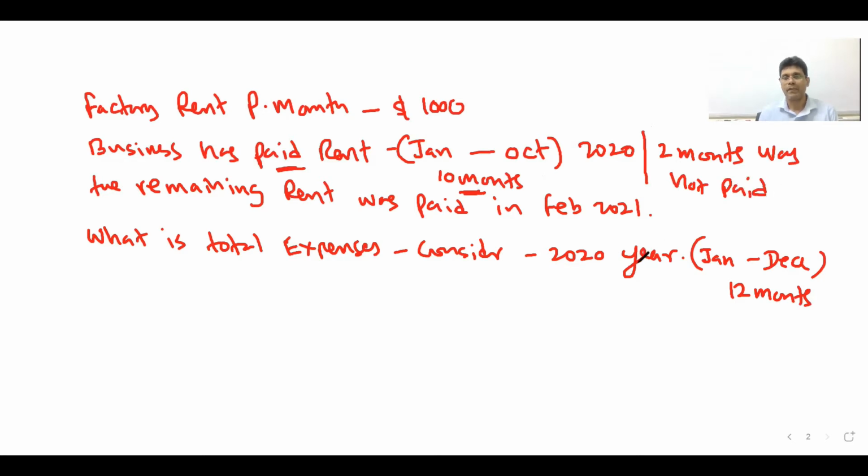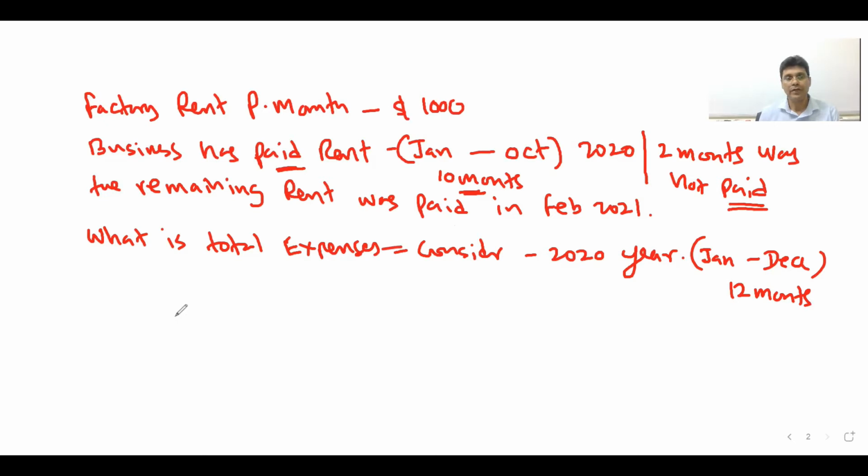So under accrual accounting, we have to take into account 12 months rent, whether the business has paid or not. The remaining 2 months, which was not paid, has to be recorded in the 2020 financial year as an expense. You can't record only 10 months rent.